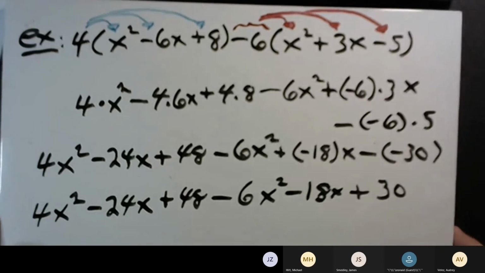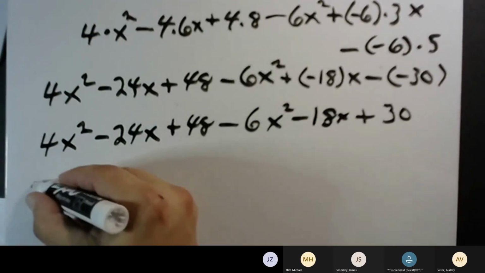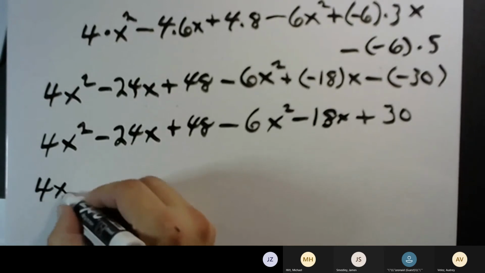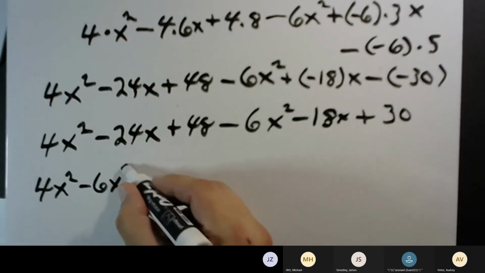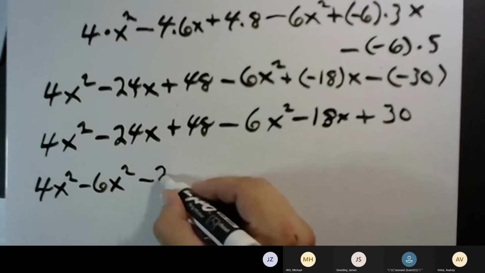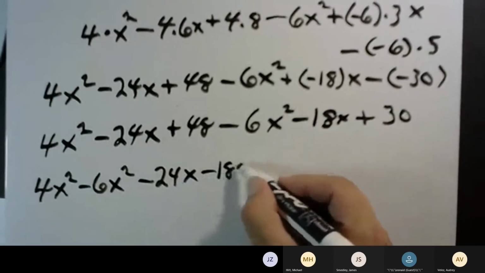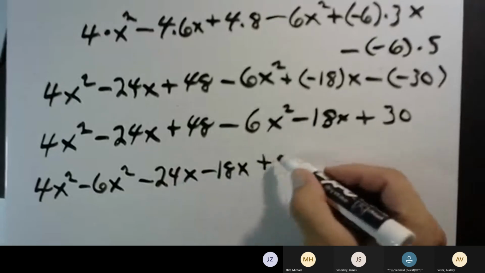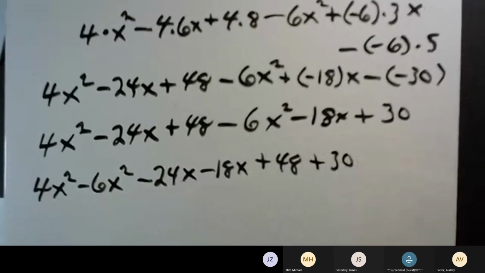And so now we combine like terms. So we have 4x squared minus 6x squared minus 24x minus 18x plus 48 plus 30.